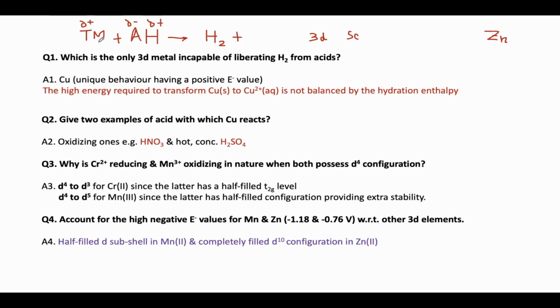Since transition metals are electropositive in nature, the metal will attract the opposite pole. So it will abstract this A minus, not the H. This A will be bonded to the transition metal, so the other product of this reaction will be TMA. This is a hypothetical condition, and TMA is a hypothetical compound.